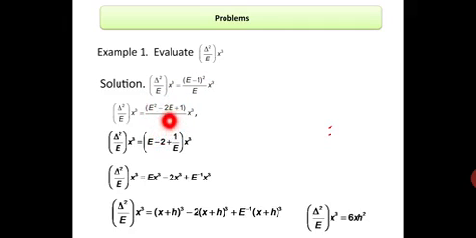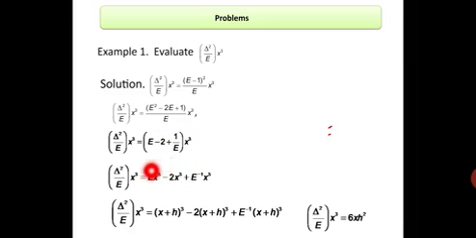Now I will split the denominator E to each and every term of the numerator. So E square will become E, 2E will become 2, and 1 divided by E. Now I will multiply this x to each and every term of the bracket. So we will get this.